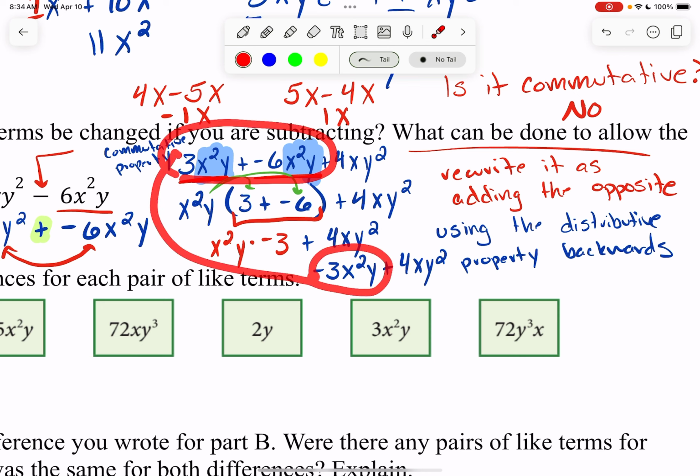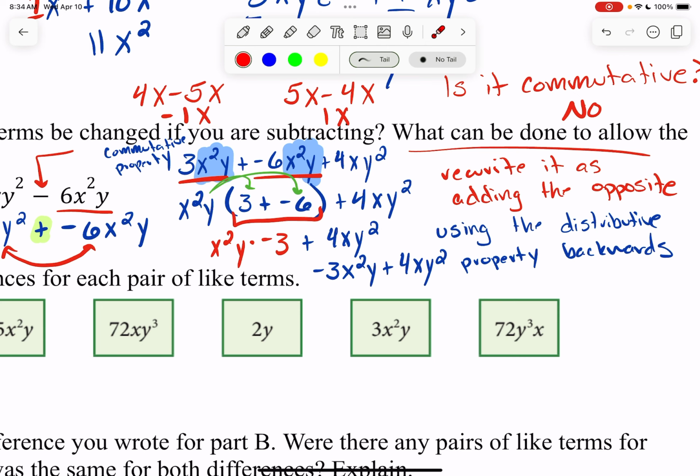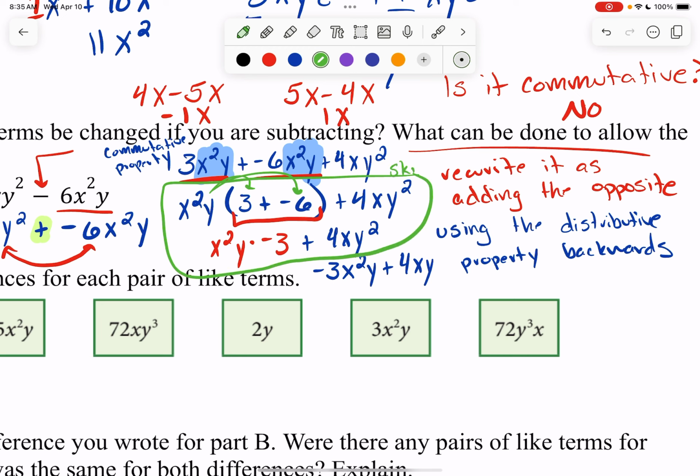Whenever you're adding like terms, you're really going through this process right here, except we just tend to skip those steps. But that's really what's happening: whenever you add like terms, you're using the distributive property, just backwards.